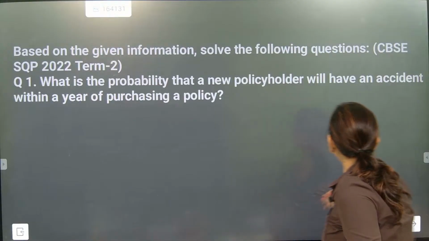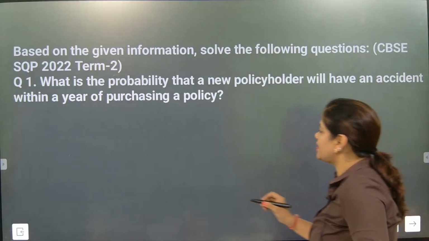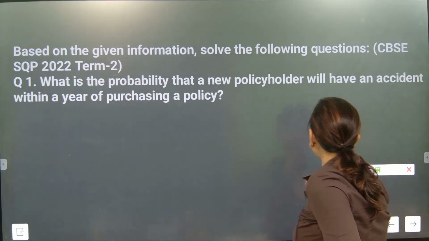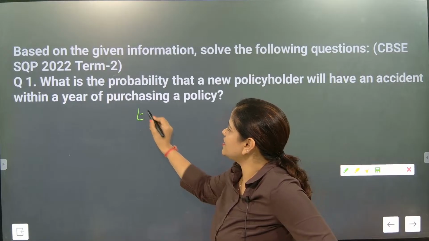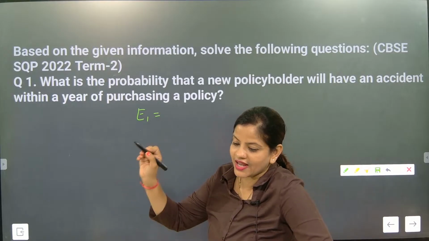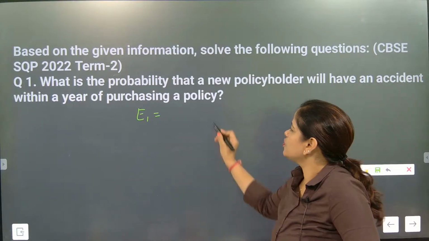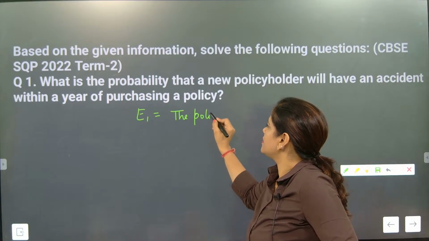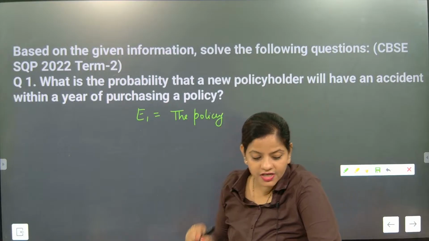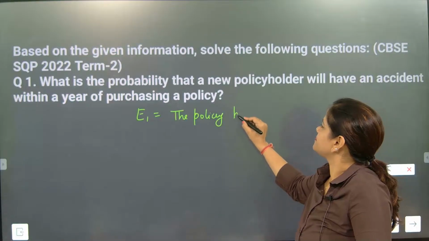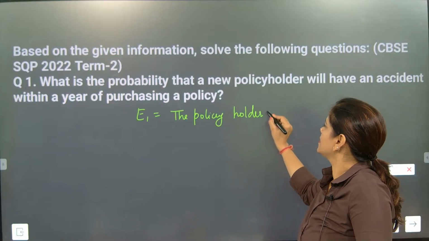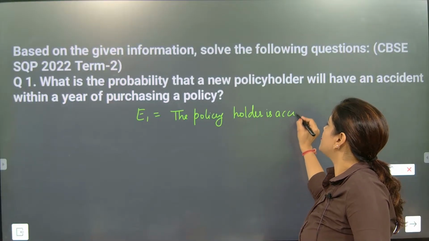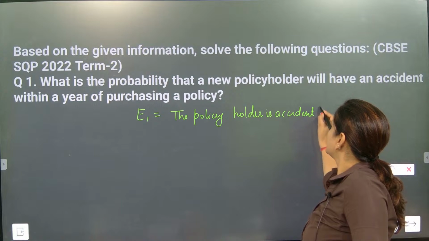First, beta, two categories are there. What are the two categories? First category is having accident. So E1 is what? E1 is the policy holder is accident prone.